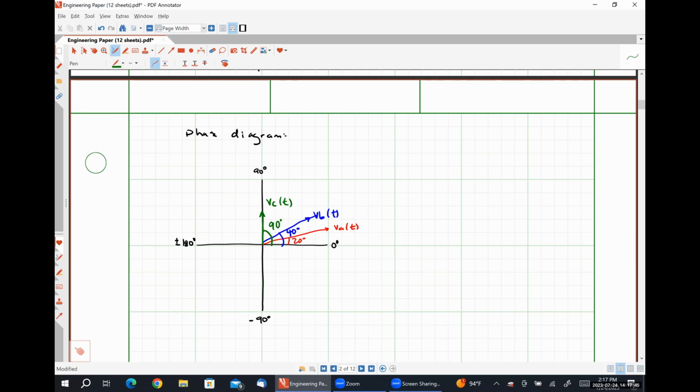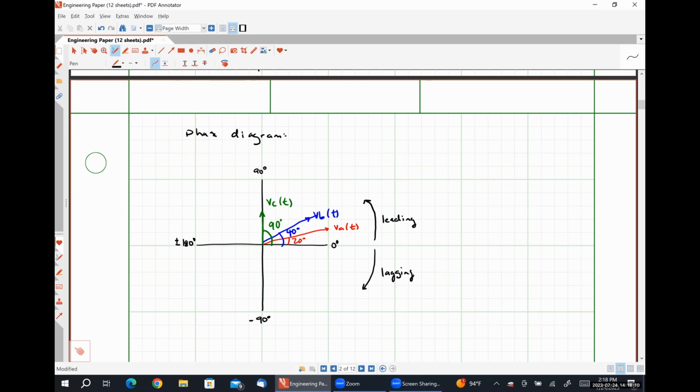Now let's talk about how we read this type of diagram. As angles get more and more positive, we're looking at leading, and as angles get more and more negative, we're looking at lagging.